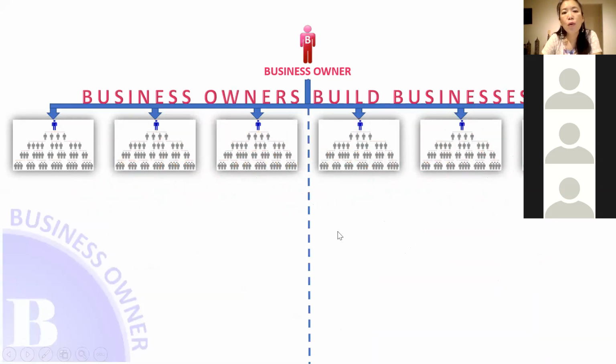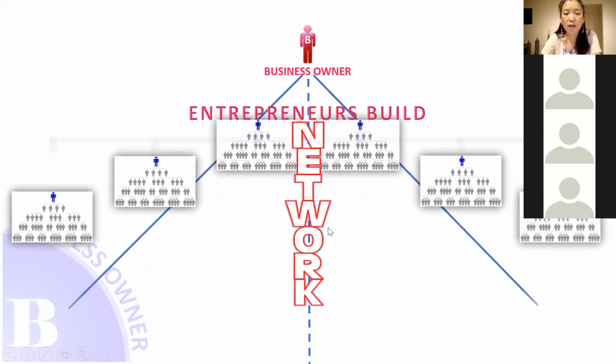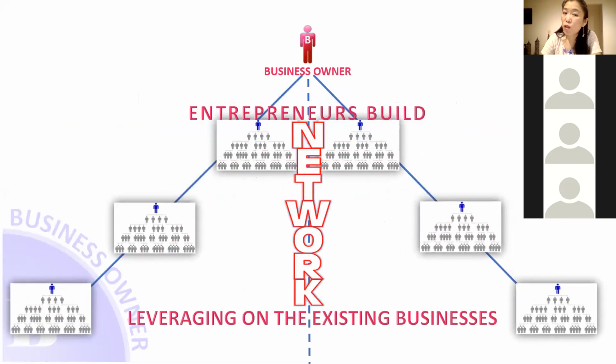Now, with business owners, though, you can build the business whereby you have opportunities to work together. Which means that as entrepreneurs, you can build network and leverage on the existing businesses. So business owners build business, entrepreneurs build network.